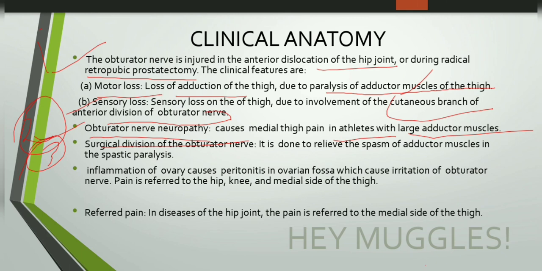So sometimes surgical division of the obturator nerve is done to relieve the spasm of your adductor muscles, such as in spastic paralysis.